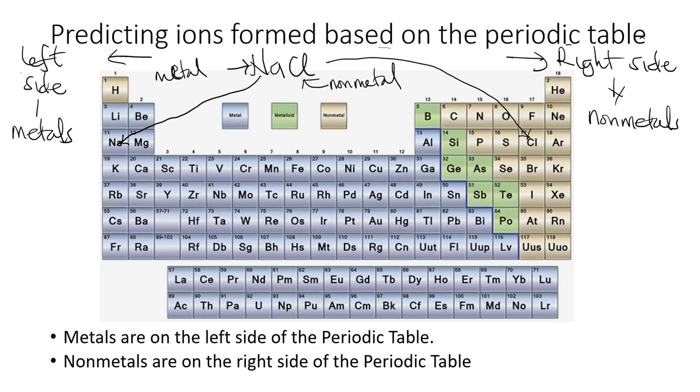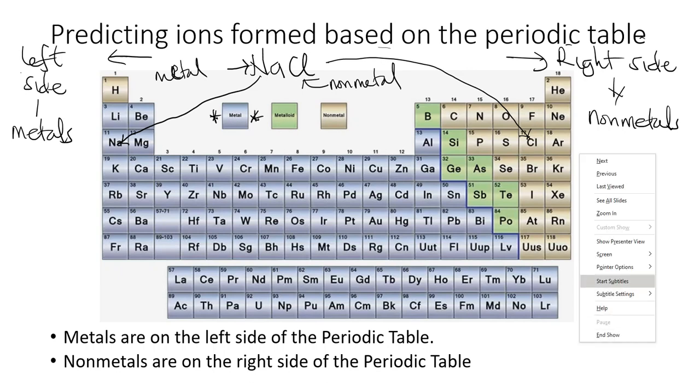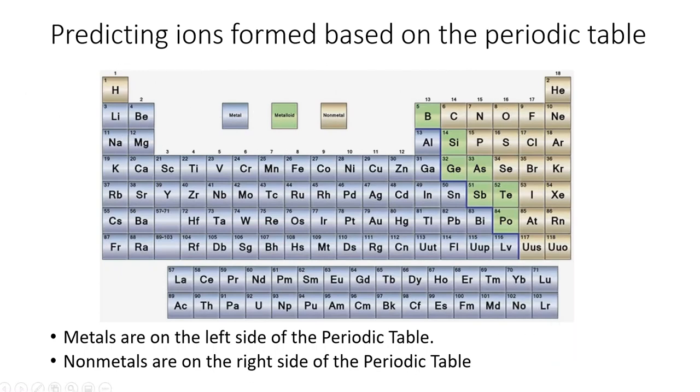Just looking at the periodic table here, we see this is the key for metals. So you see all these except hydrogen are metals.